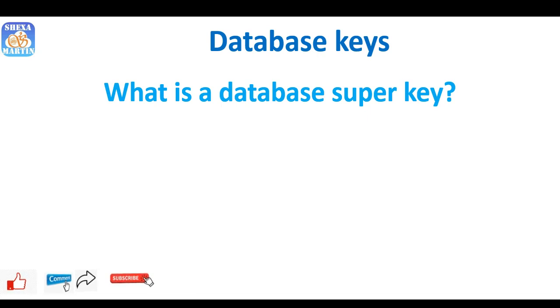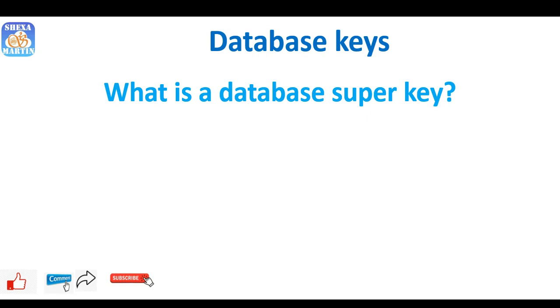So the minimum number of columns or the minimum subset, let me give you an example. Say we have 4 columns, and if we combine all the 4 columns, we can uniquely identify a record. If we combine three of the columns, we can uniquely identify a record. And if we combine 2 columns, we can uniquely identify a record.